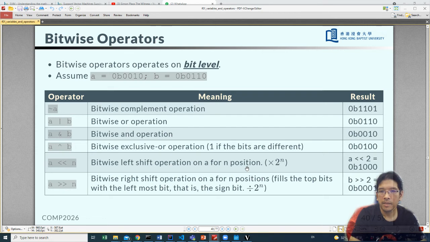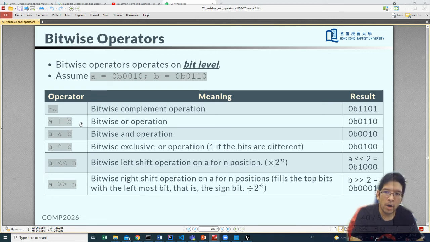For the second one, A or B, that's doing the bitwise OR operation. What does that mean? For each of the bits, if both of them are 0, we treat it as 0.